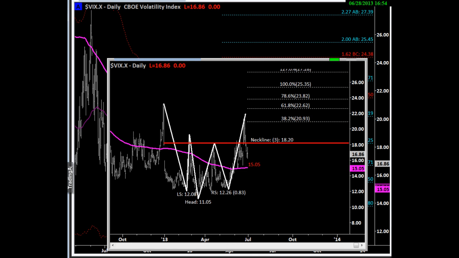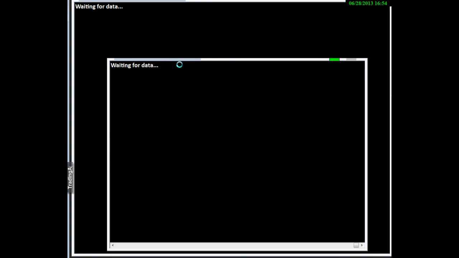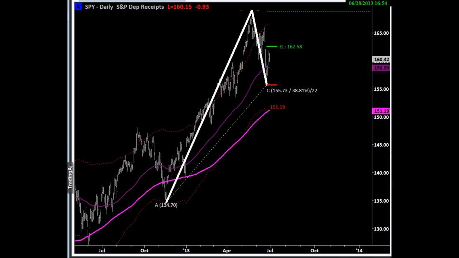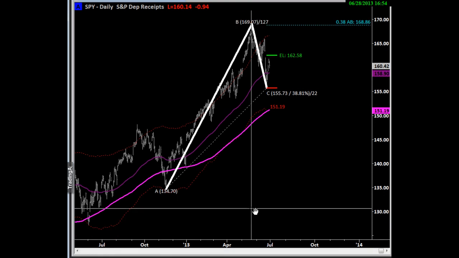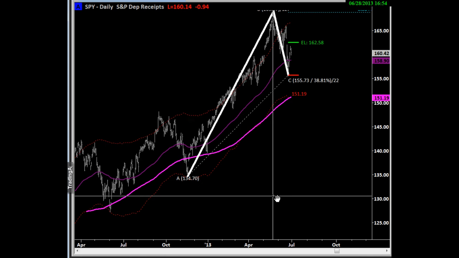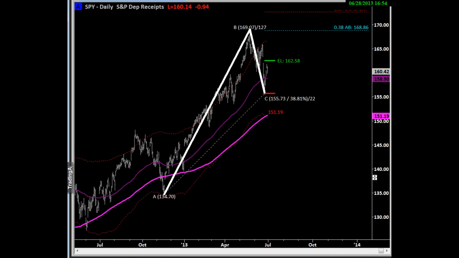So what else is going on in the market? Let's look at the Spiders. If you look at this particular trend, this is not an ABC setup which we can automatically trade.